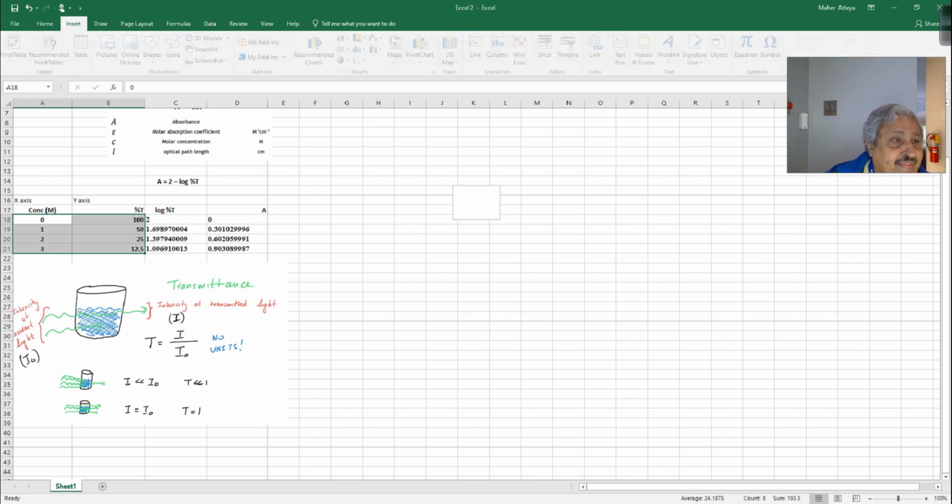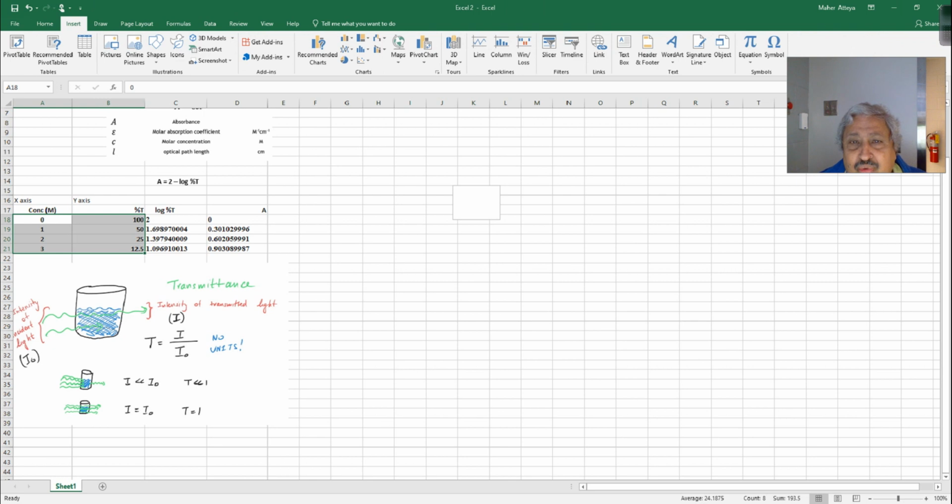Insert, and then I look at whatever I have. We have chart, we have maps, we have lines, we have column. I like to have the scatter here.